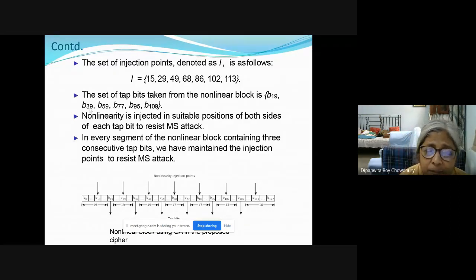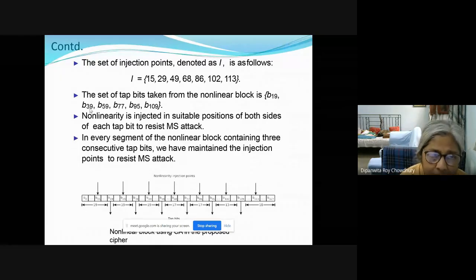And that obviously depends on what type of nonlinear cellular automata you are taking. That means what functions; nonlinear cellular automata means what is the rule of each cell.